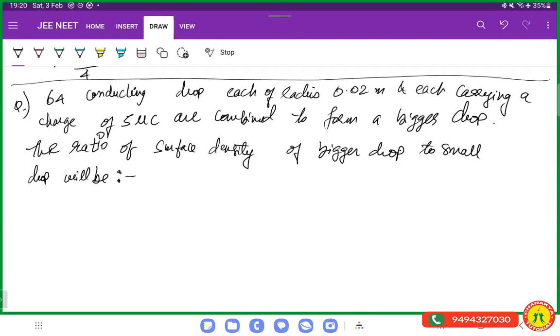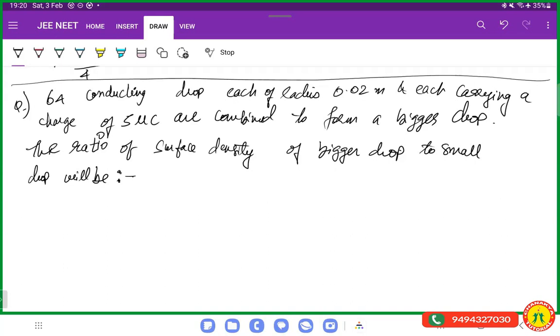Okay, what to do here? Any idea, anyone? Sir, is the ratio 4:1?